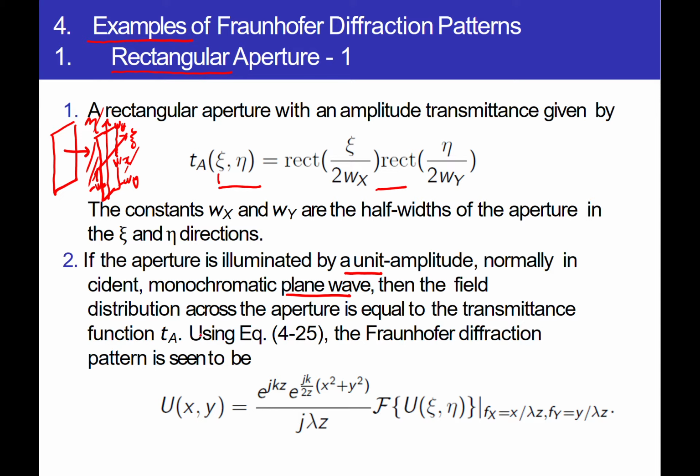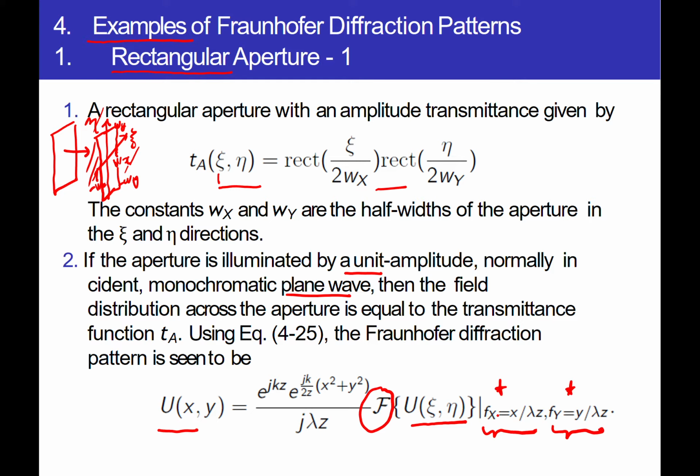In the case of Fraunhofer diffraction, we know that the Fraunhofer diffraction field is the Fourier transform of the field at the aperture plane. You Fourier transform that field and then you utilize this substitution. This is very important.